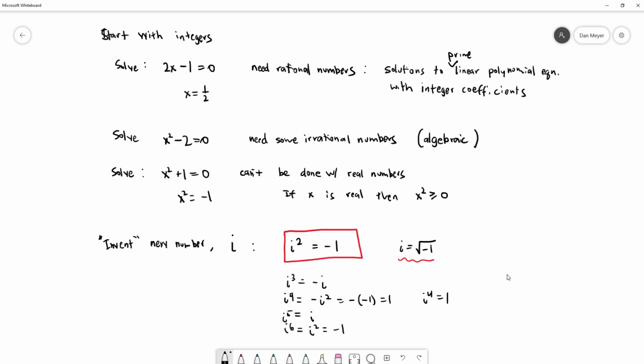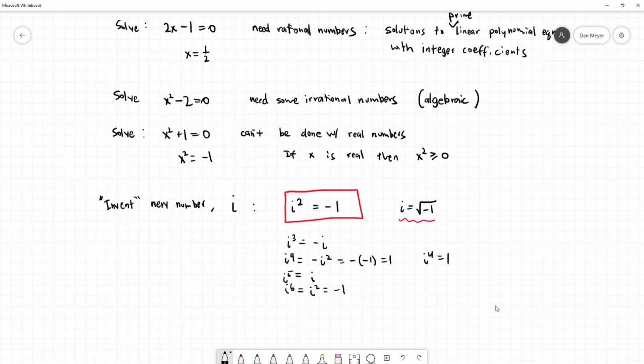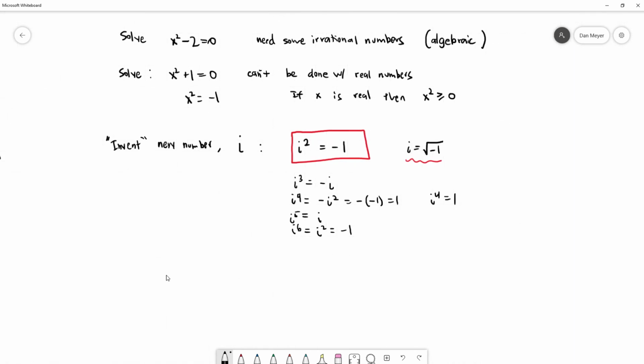Now, when we invent this new number i, we'd like for it to play nicely with all of the other numbers that we have. So for instance, if A is a real number, then we want A times i to be meaningful, to be a number.